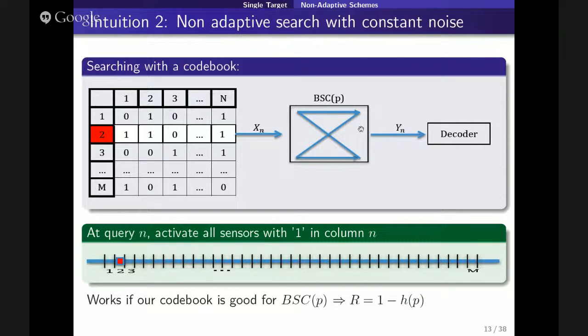Now when will we be able to detect where the target is? We will be able to detect the target if this matrix is a good code for this channel, because what we see as output is something close to one of the rows, with some of its bits flipped. And again, we know the rate.